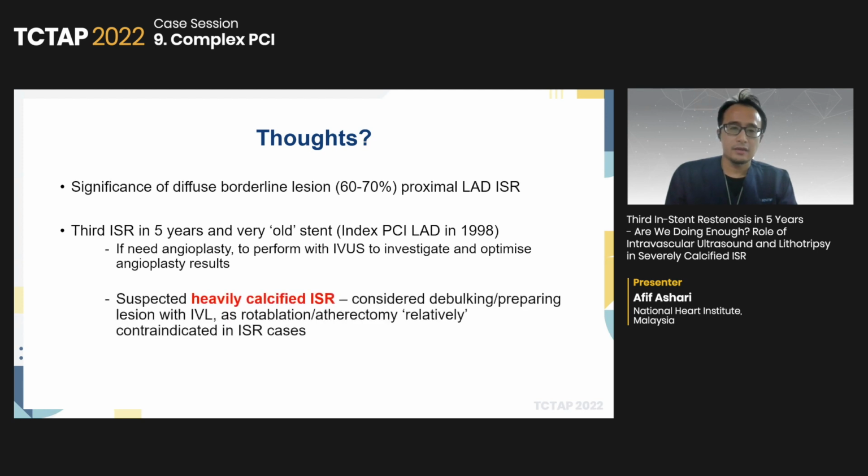This is a very old stent. The index stenting was done in 1998, and we definitely thought about using IVUS in this case. We also suspected a calcified ISR lesion. With atherectomy or rotablation, some people may think it's a relative contraindication, so we thought about IVL, as this is relatively newly available in our center.